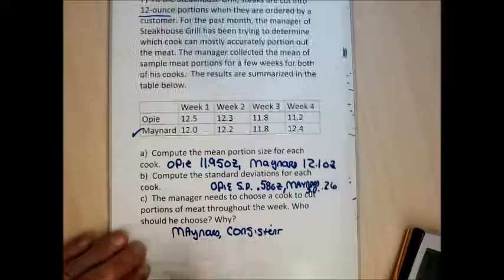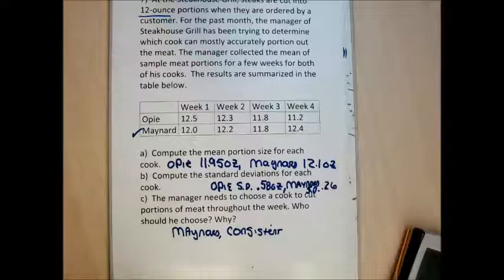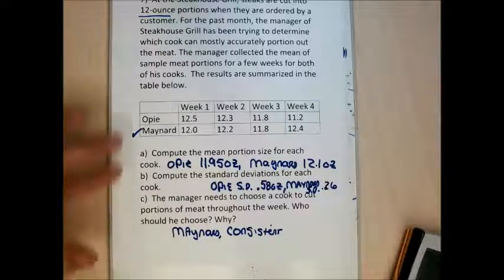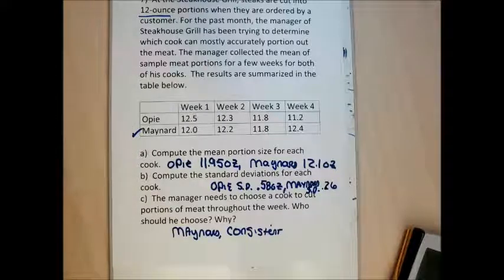Of course, if there are many, many more things you consider in making that decision, maybe Maynard doesn't show up to work half the time, or maybe Opie just does something better. He gets a better sear on his steak. So you couldn't make the decision based on the numbers solely.